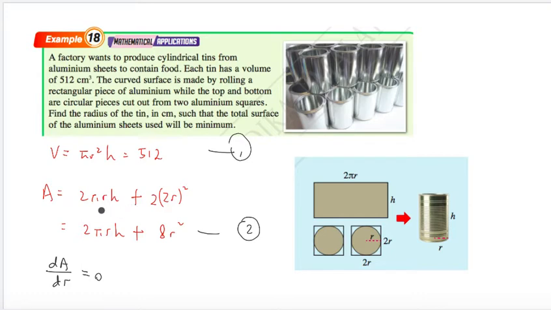Because h is a constant, pi is also constant, r is the one to change. dA/dr equals 0. We need to make it equal 0. But before that, there are so many things. From here, we can substitute the unknown inside the given volume information, pi r square h equals 512. So later A equals something, then only we do dA/dr.